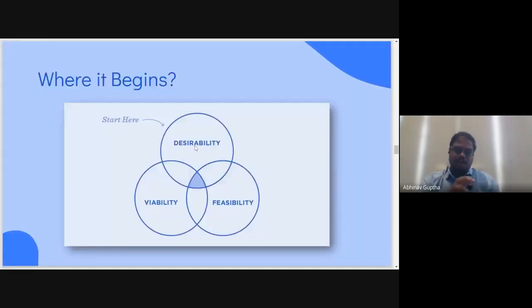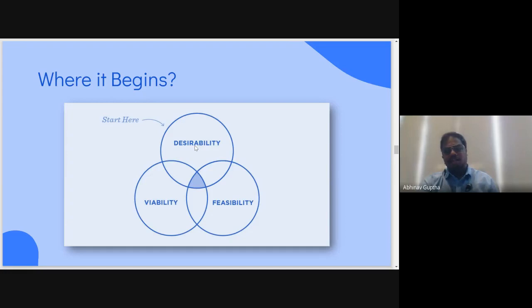So let us start. What we discussed right now is that there is a sweet spot between desirability, feasibility, and viability. We spoke about three things, right? Human needs, that is desirability, and next is technological feasibility and economic viability. When you draw a Venn diagram, the intersection of all these things is the shaded area here.